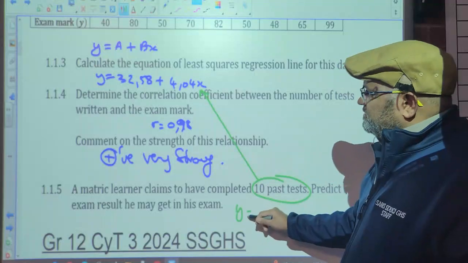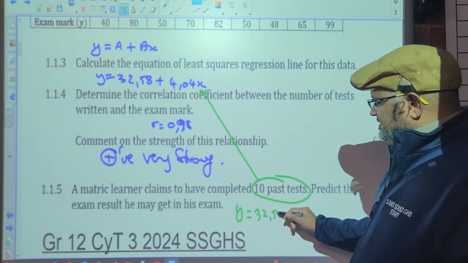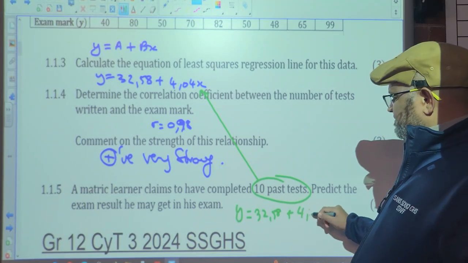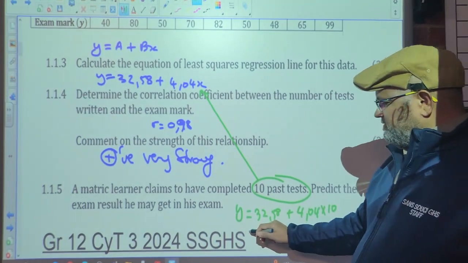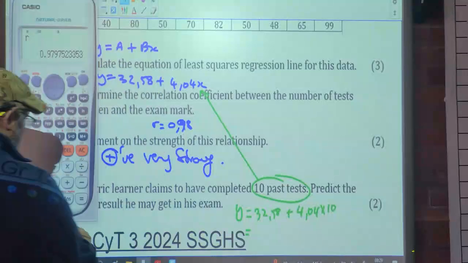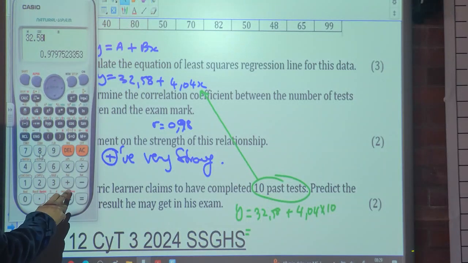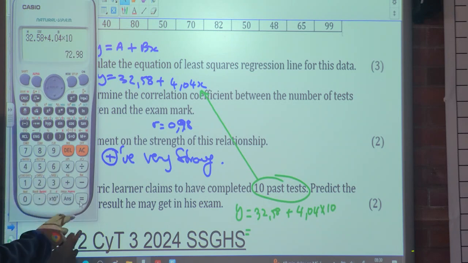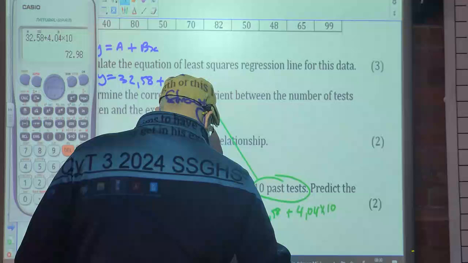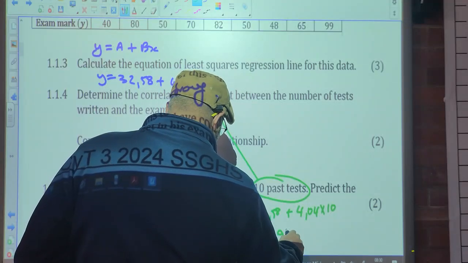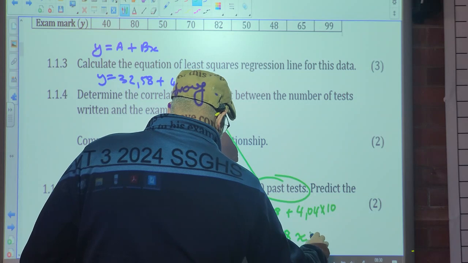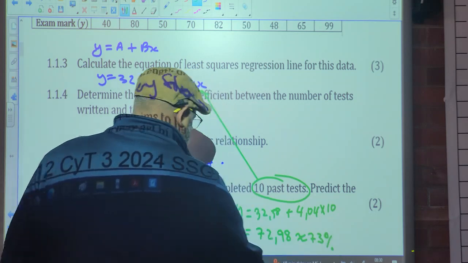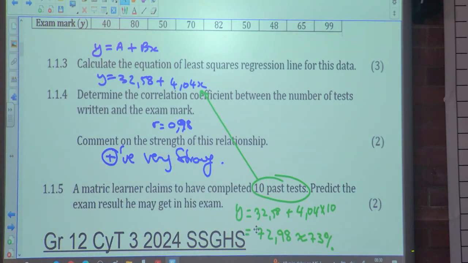So I get y is equal to 32,58 plus 4,04 times 10. You get 72,98. So approximately 73%. Okay. Any confusion there?